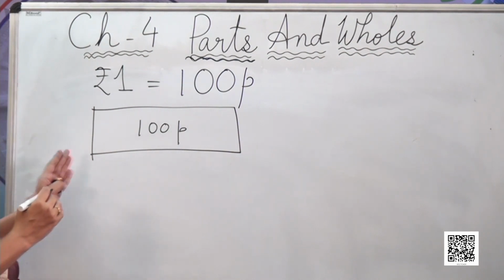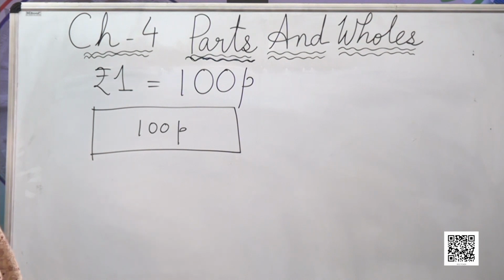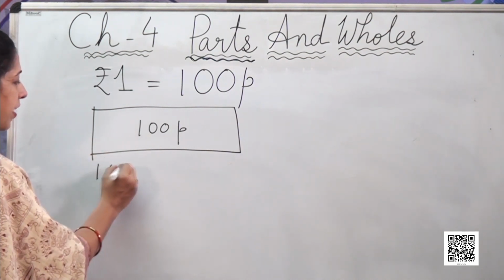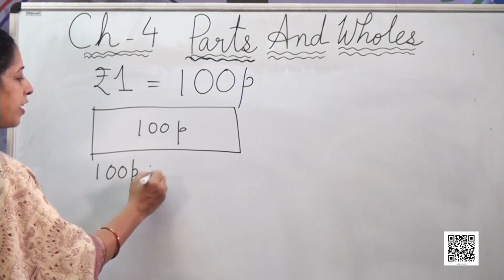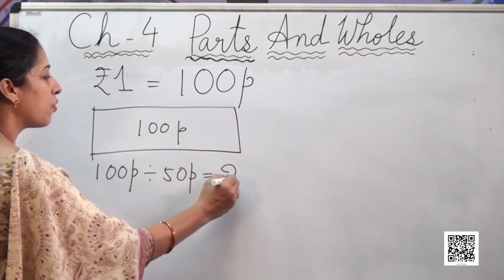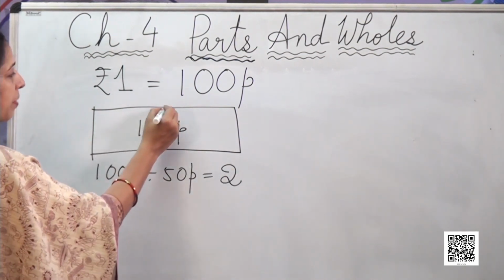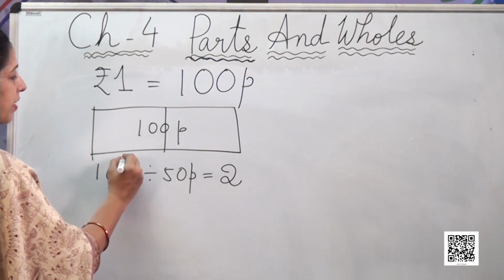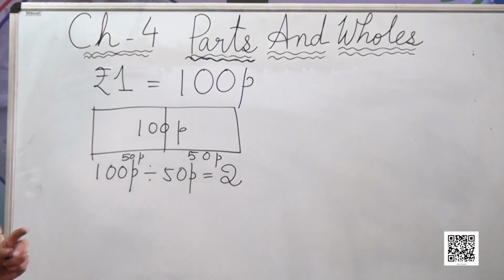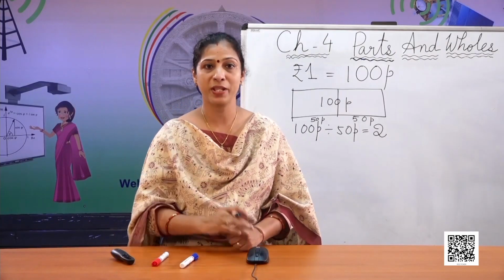Now, we have to find out how many 50 paise are there in 100 paise. So, let's write, how do we find out? 100 paise divided by 50 paise is equal to 2. That means we can have 2 50 paise coins. This is 50 paise and this is 50 paise. When we combine together, we will get 1 rupee.